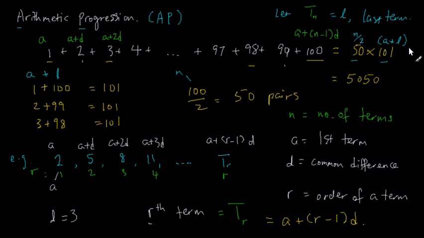Remember that we have already obtained the formula, so I'm just going to repeat the derivation one more time, just to show the steps more directly. Okay, so let's start again. I have an AP. The first term is A, second term is A plus D, third term is A plus 2D, and so on. And if I have n terms, then the last term is A plus (n minus 1) D, which I also call L.